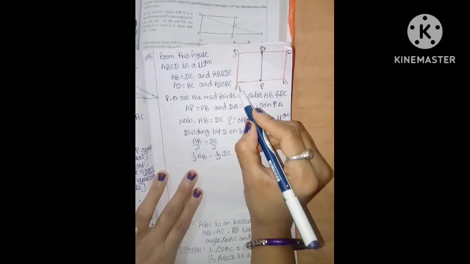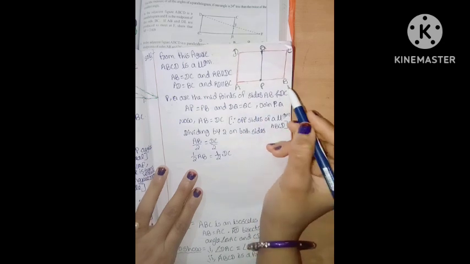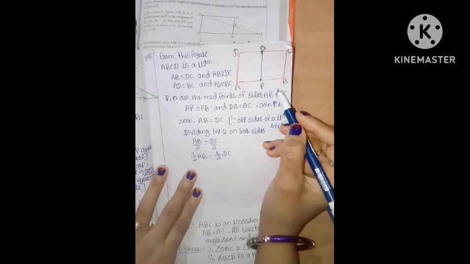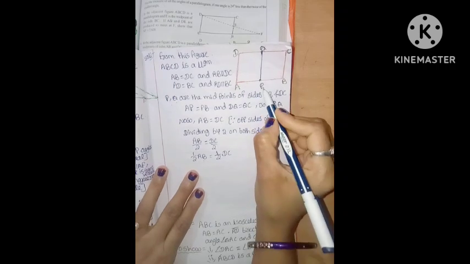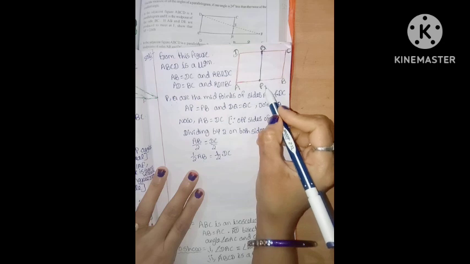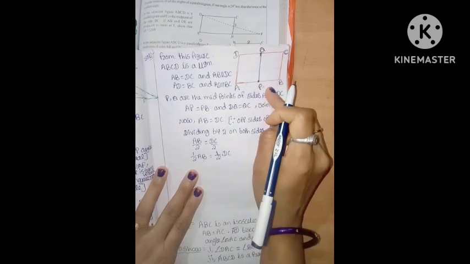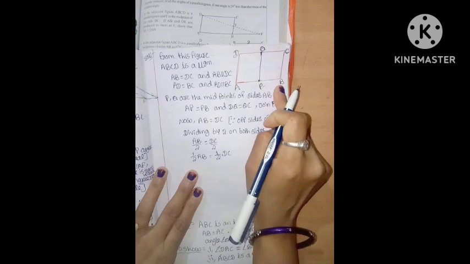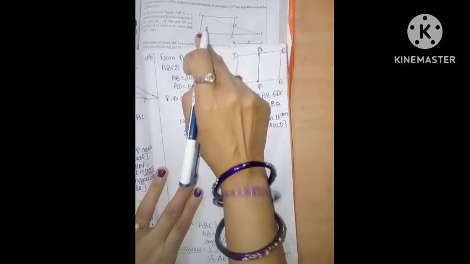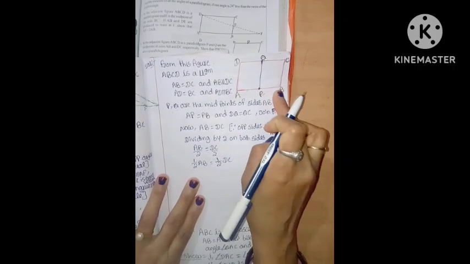Half of AB means AB is divided into 2 parts, so it is either AP or PB. We should take PB. Why? Because the question asks us to show that PBCQ is a parallelogram, so we choose this one.